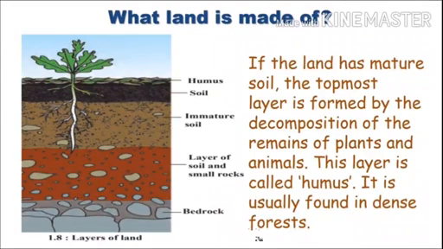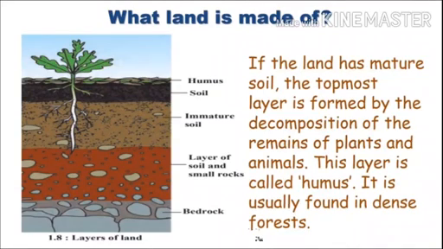If the land has mature soil, the topmost layer is formed by the decomposition of the remains of plants and animals. This topmost layer is called humus. It is usually found in dense forests. Humus is the topmost layer of soil.